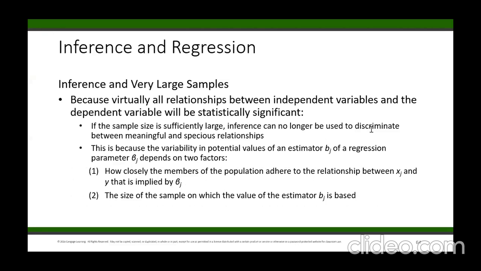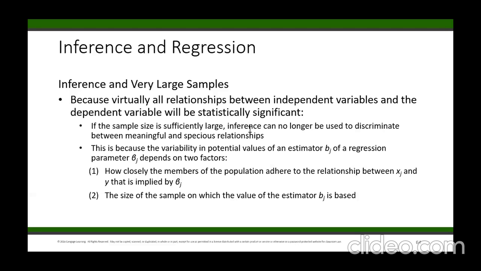So it's hard to really discriminate between meaningful and non-meaningful relationships. Most relationships come out statistically significant when the sample size is large. It has to do with the way the test statistic is calculated. If the sample size is large, the p-value tends to get smaller and smaller.